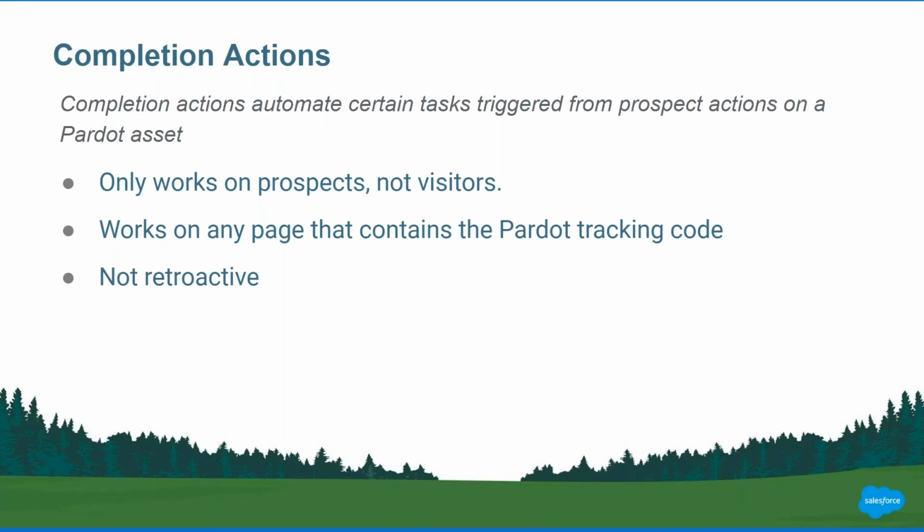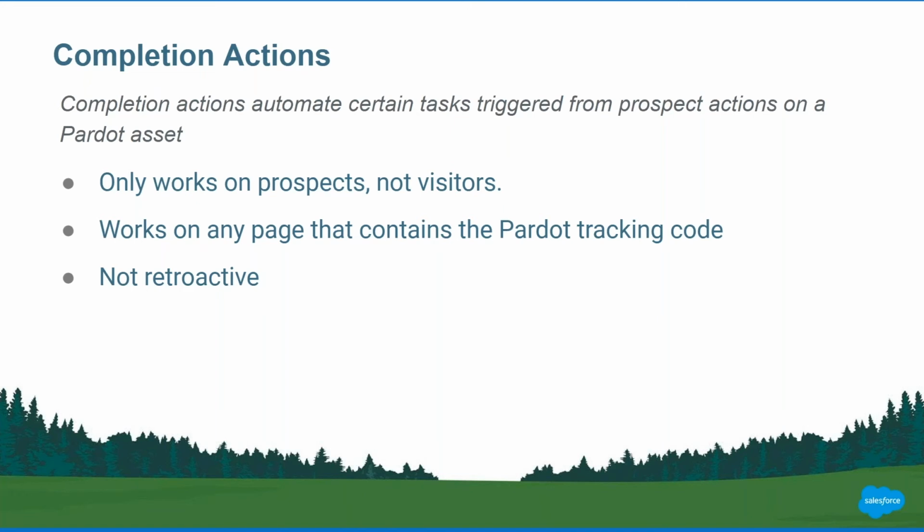Completion actions automate certain tasks triggered from prospect actions on a Pardot asset. So it only works on prospects, not on visitors. Just a quick backpedal here. As you know, with Pardot, you can see the visitor information as well. So if you don't have an existing prospect in Pardot, you're initially tagged as a visitor.